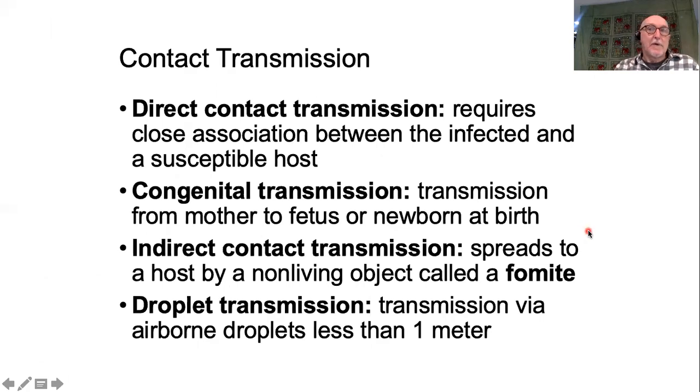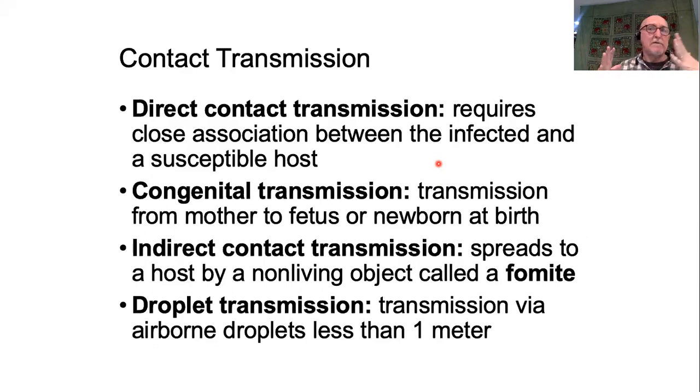So this brings us to the issue of transmission. For many of the diseases we are going to be talking about when we talk about viral and bacterial diseases after this, many of those require direct contact transmission.